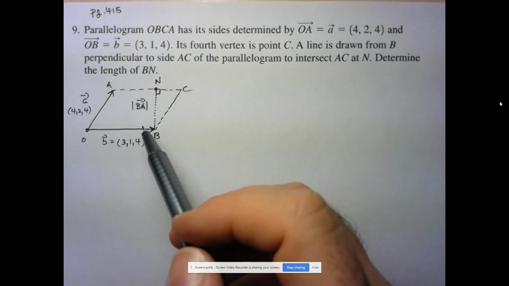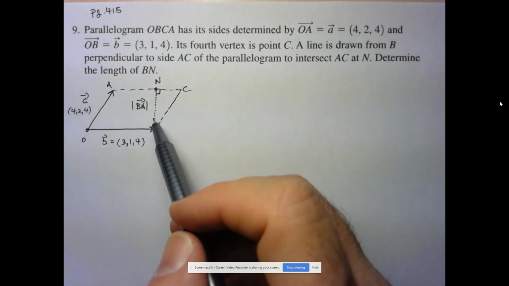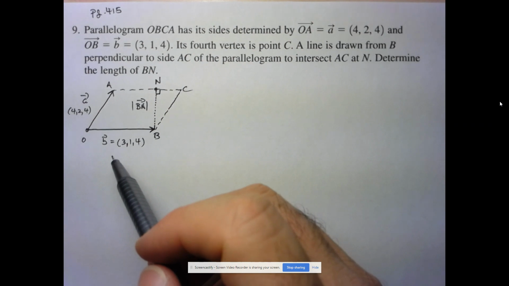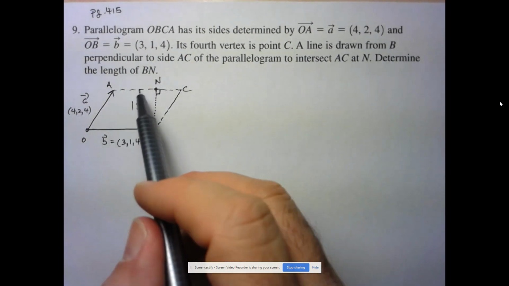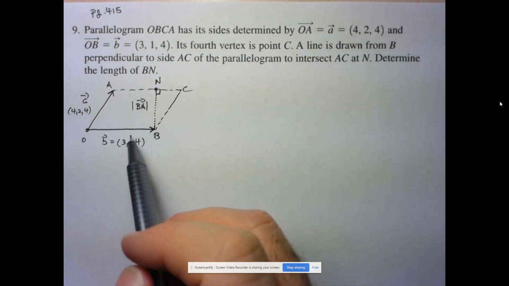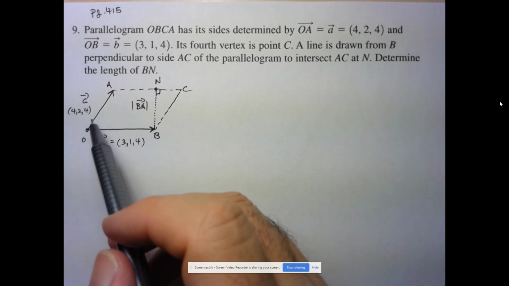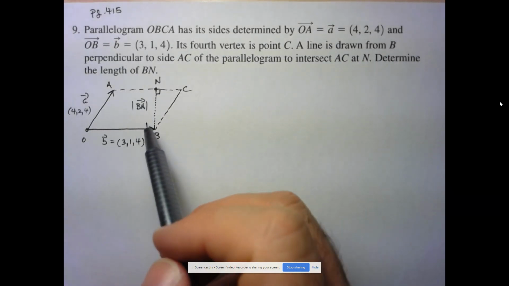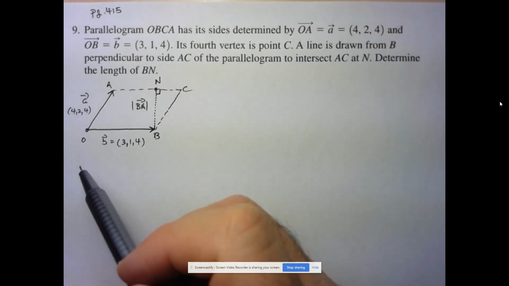That's a perfectly valid way of solving this problem, but I'm going to use a quicker method here. It all comes down to recognizing this length BN as being the height of this parallelogram. If this is what we're using as the height, then AC, which is equivalent to vector B, would be the base of the parallelogram. And we know that we can find the area of this parallelogram by taking the cross product of vectors A and B. So that's what I'm going to do here.